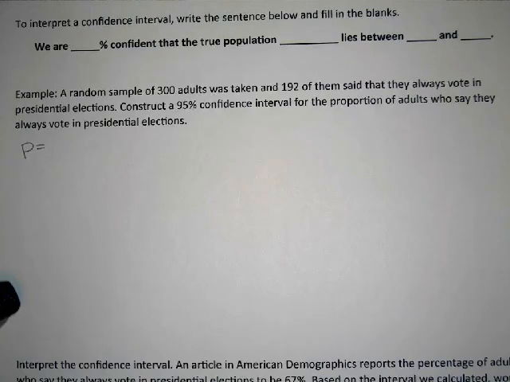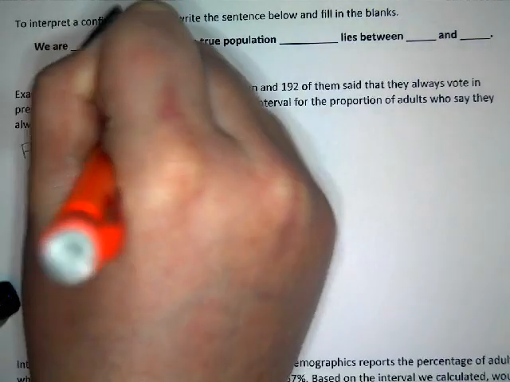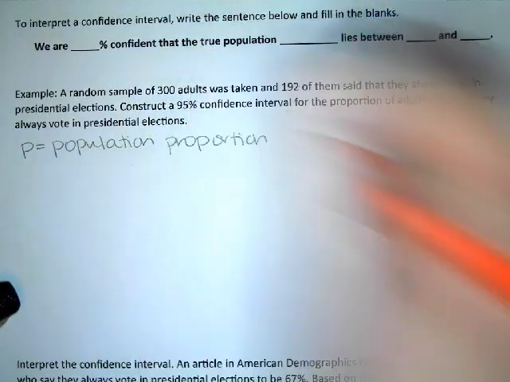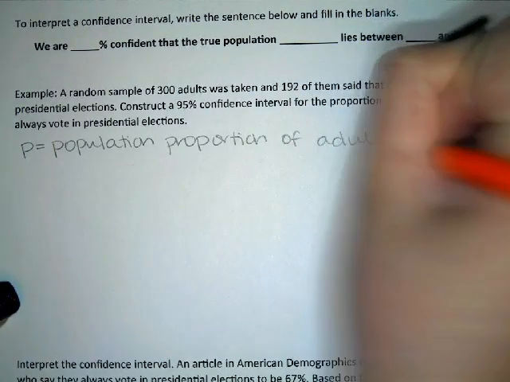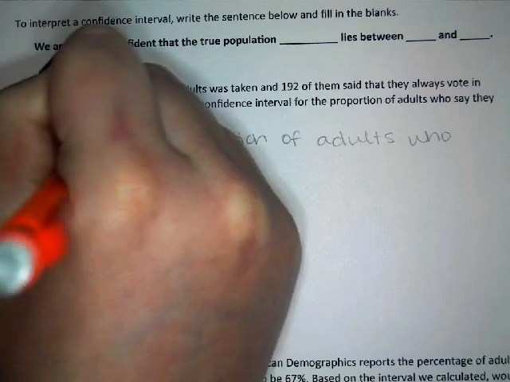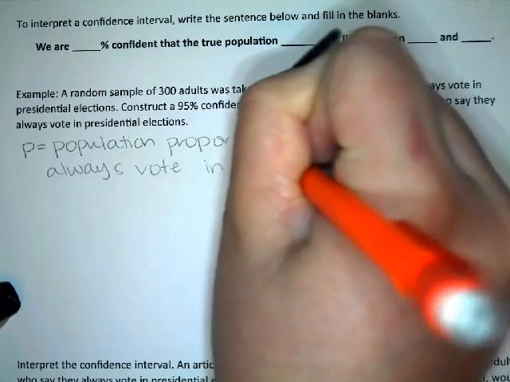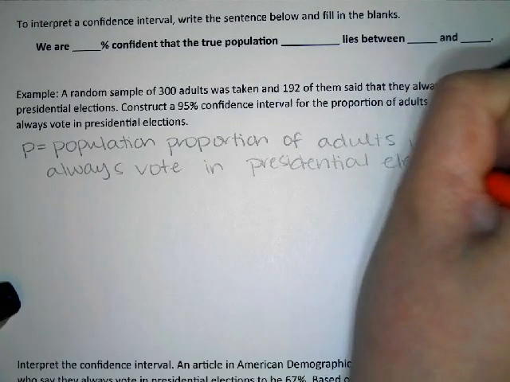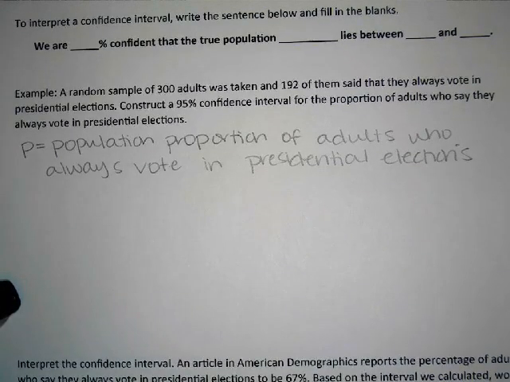So we are curious to know about the population proportion of adults who always vote in presidential elections. And the way that we're going to do that is we're going to look at this sample and come up with a confidence interval of where we think the population proportion probably is.